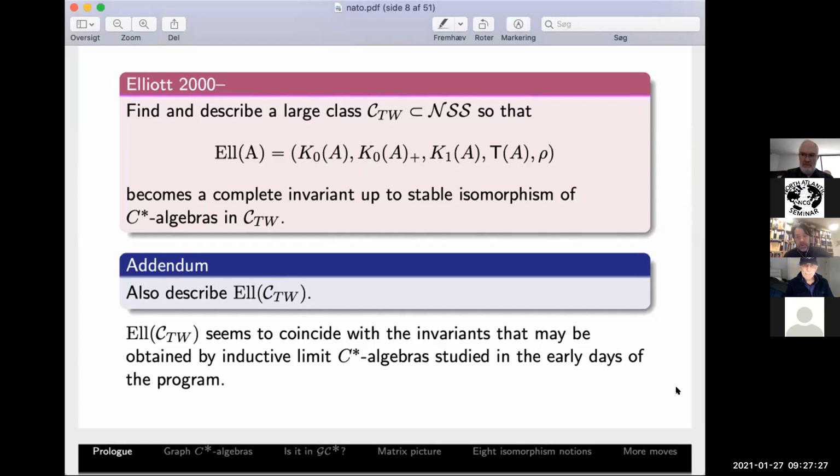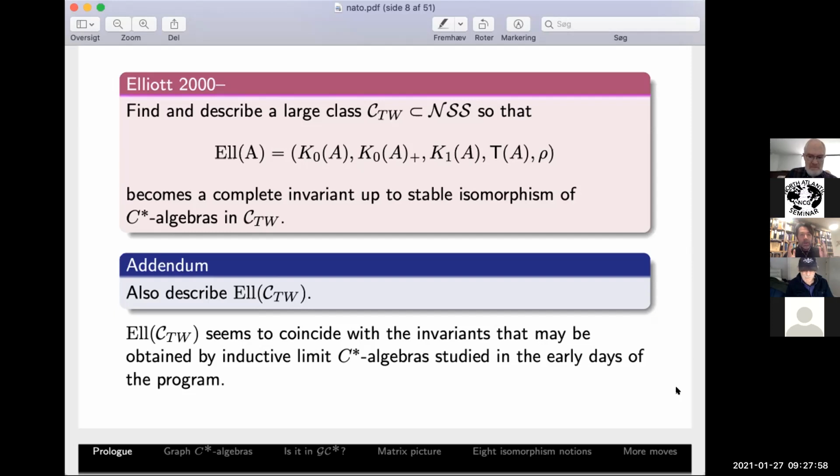And what happens is that it seems to be the case, I don't think that's a theorem, it's more like a principle, that whenever you have a C-star algebra in the classifiable class, when you then look at its K-theory, it's some Elliott invariant that you could realize with a nicer C-star algebra, which is an inductive limit, and then you actually prove that this C-star algebra is an inductive limit up to isomorphism.